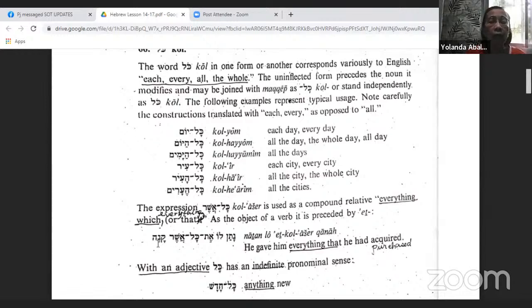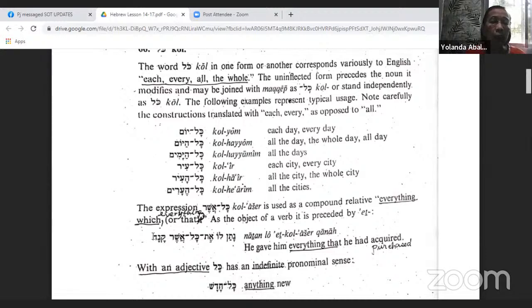Kana, he had acquired, he had purchased. This word kana is not the place of the wedding at Cana. Kana means acquired, purchased.